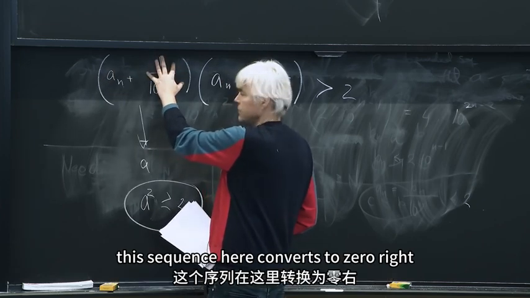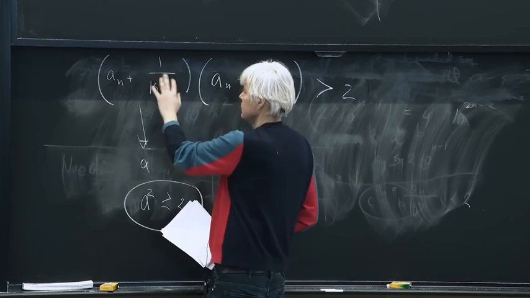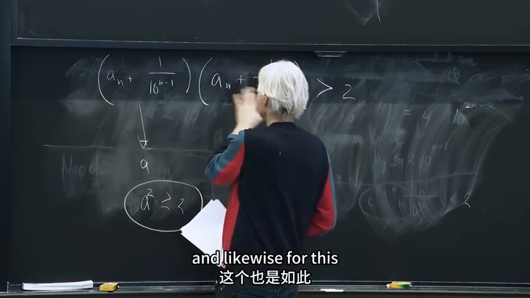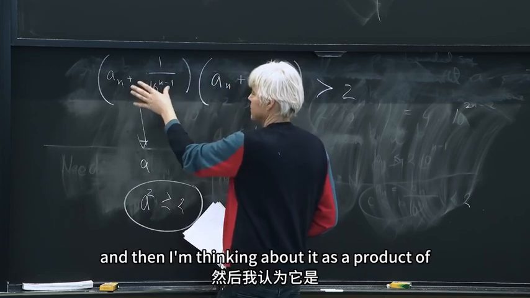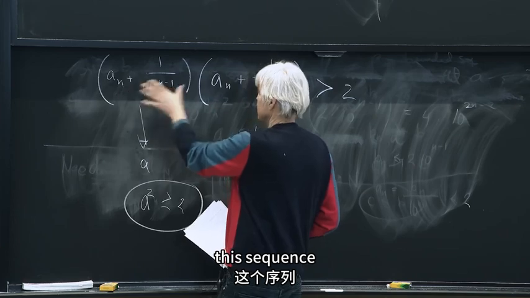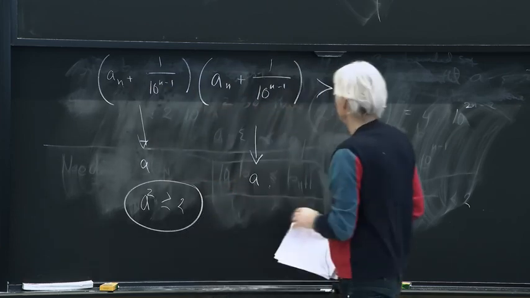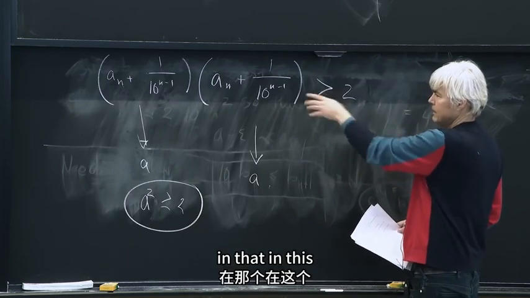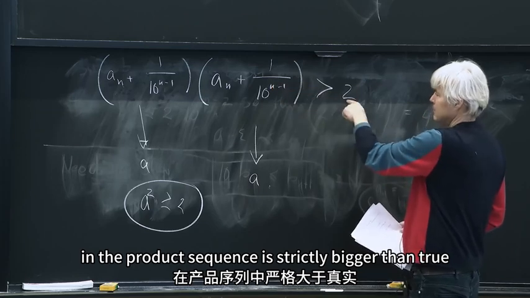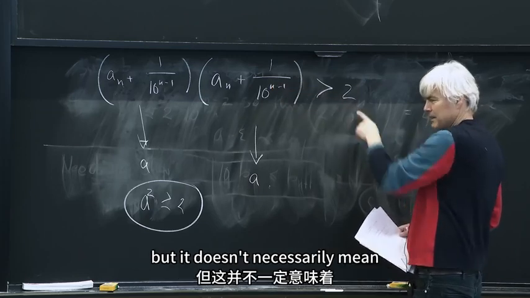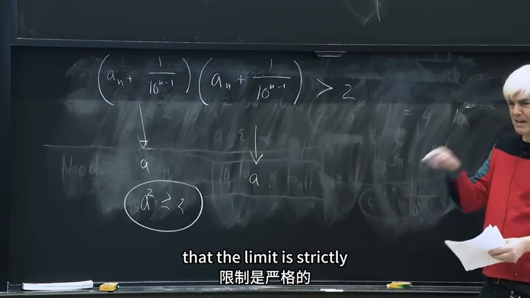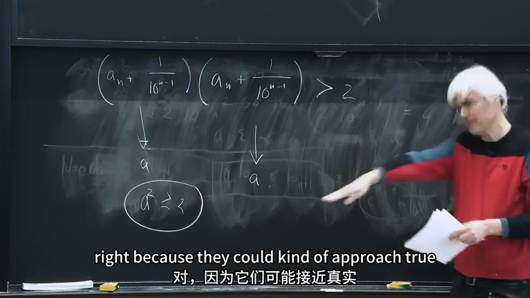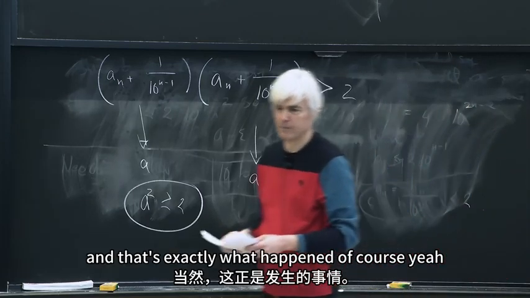This sequence here converges to 0, so the sum of these two sequences converges to a. And likewise for this. Then I'm thinking about it as a product of this sequence with that sequence. Each element in the product sequence is strictly bigger than 2, but it doesn't necessarily mean that the limit is strictly bigger, just that the limit has to be bigger or equal to 2, right? Because they could approach 2, and that's exactly what happened, of course.